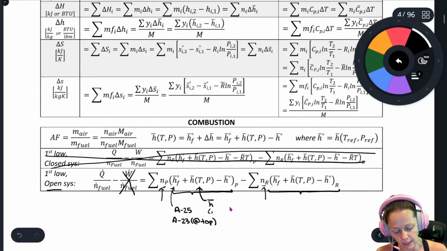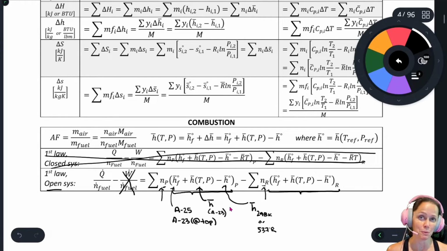You can look this up in A23 and A20. And then the very last one, it's a little H bar naught. This is H bar, but it's evaluated at standard reference temperature, so at 298 Kelvin, or in English units, 537 degrees Rankine.